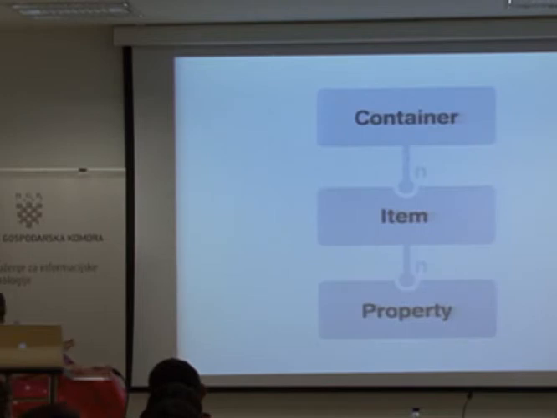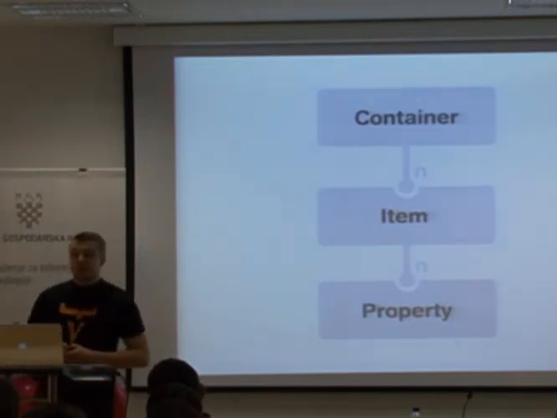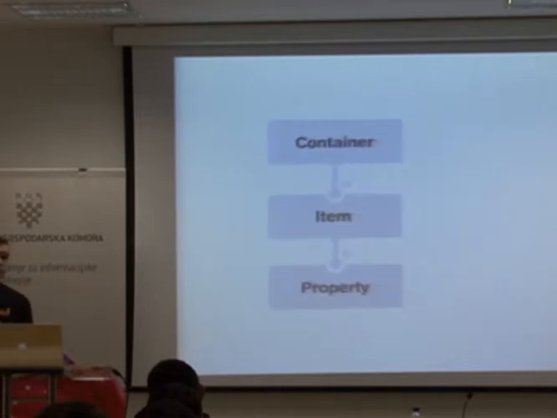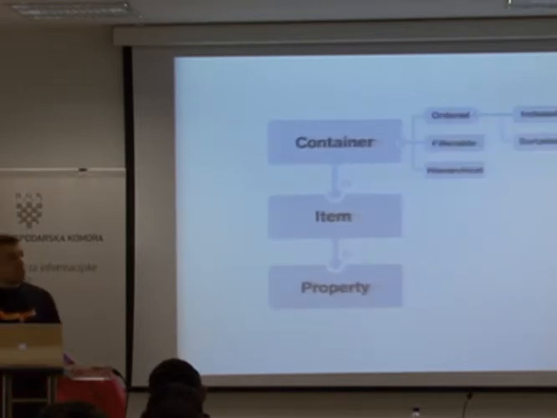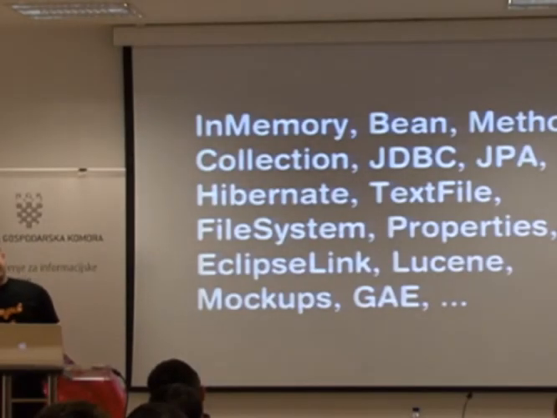The data source of Vaadin is quite database table-like, so we have properties which are basically typed values, we have items which you could consider being database tables, and we have containers which contain multiple items being the instances of a database table per se.